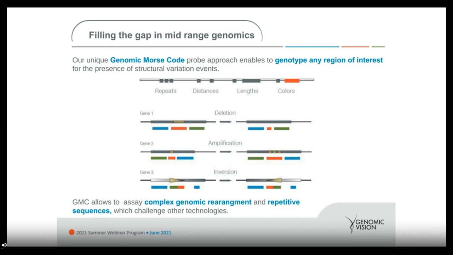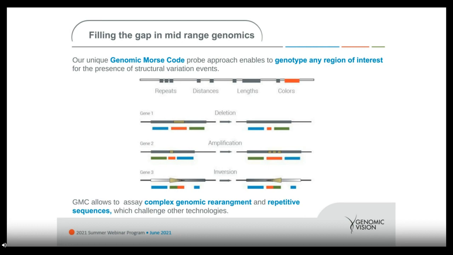In the first example, you see the sequence of interest, in gray, with the specific sites of the supposed deletion in yellow. In this case, we design probes that are blue, red, and green. When there is a deletion, we see that the red is getting shorter.